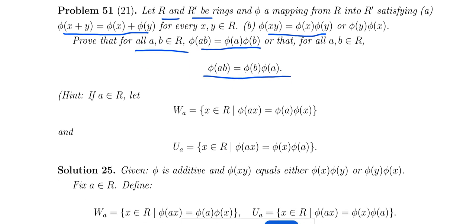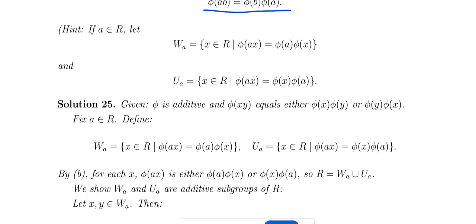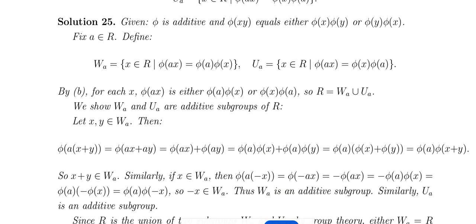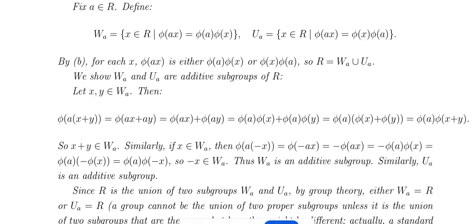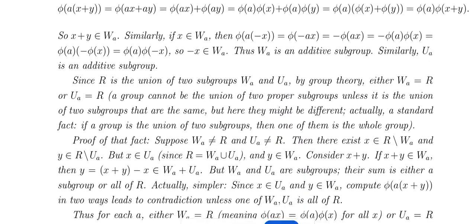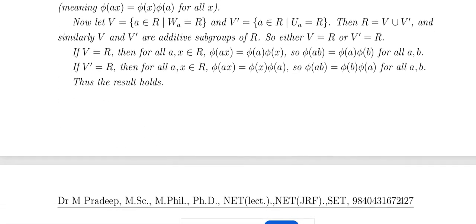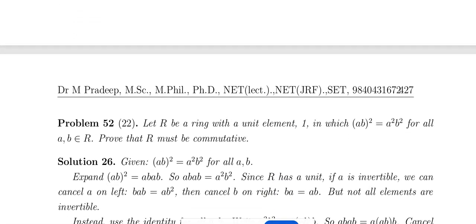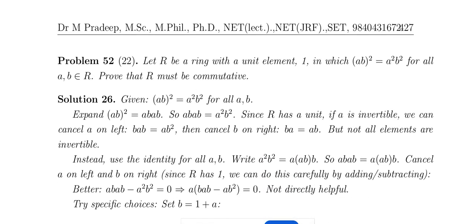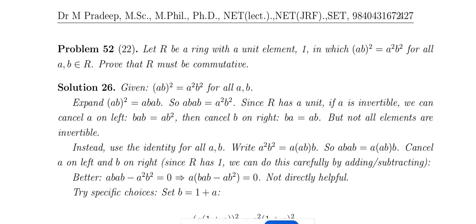Then R is commutative. For a ring with unit element satisfying ab whole square equals a square b square, R must be commutative.